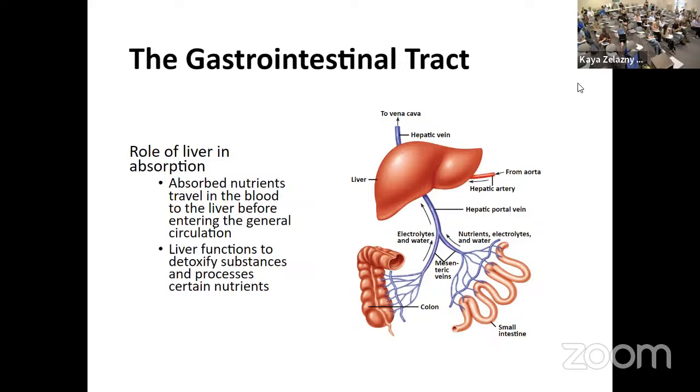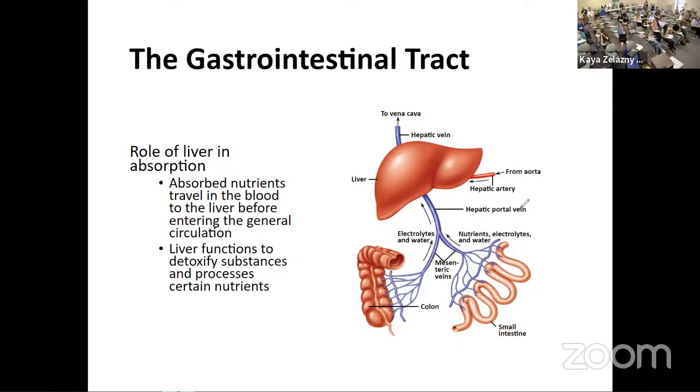So one thing that's true about the liver is that when we're looking at the blood flow to the intestines and the GI tract, right? So we're absorbing our nutrients into capillaries that are ultimately going into veins, right? So to get to your body, anything that you've absorbed through the walls of your intestines has to travel to veins, back to the heart before it gets pumped around, okay?